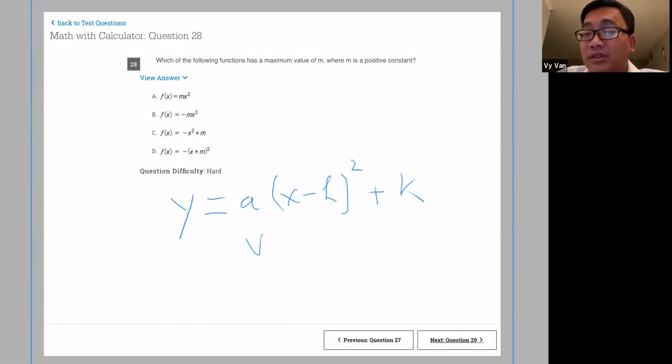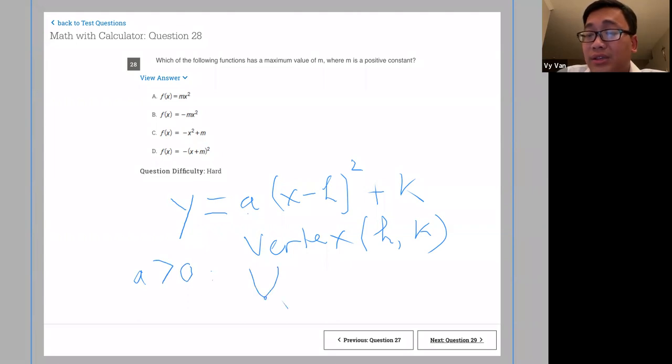It's called vertex form because it displays the vertex. This is h and k. And if a is positive, we know the graph opens up, so the vertex is actually the minimum.